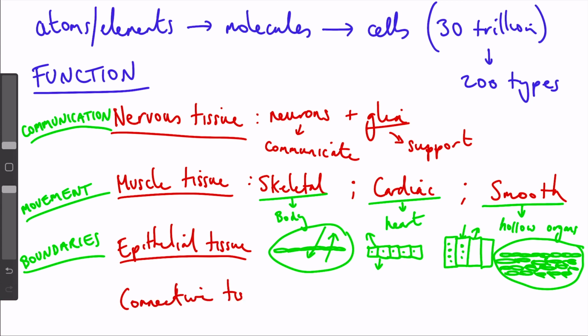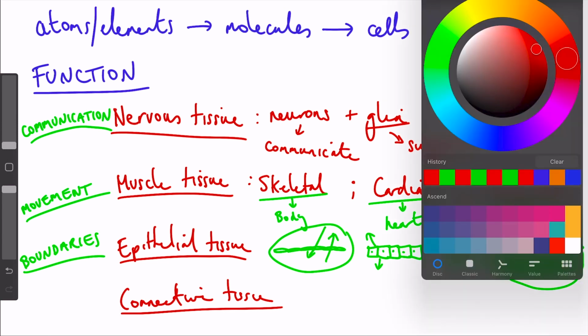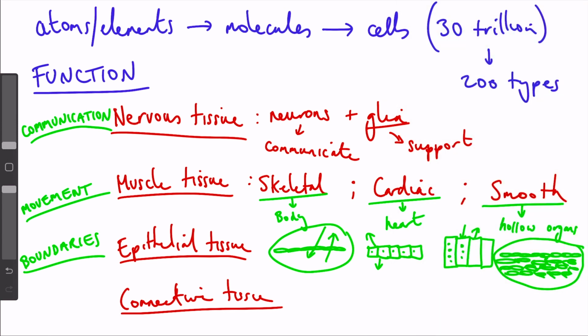So connective tissue does a couple of things for us. It supports, it binds, and it protects. That's what connective tissue does.